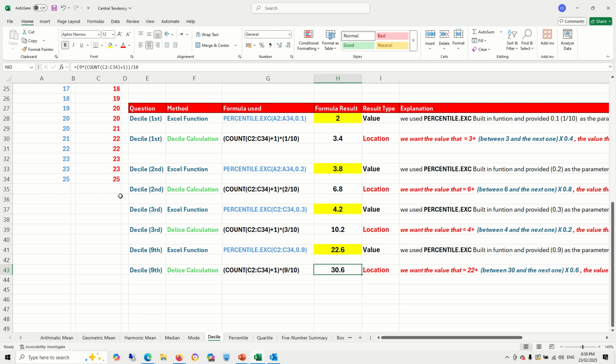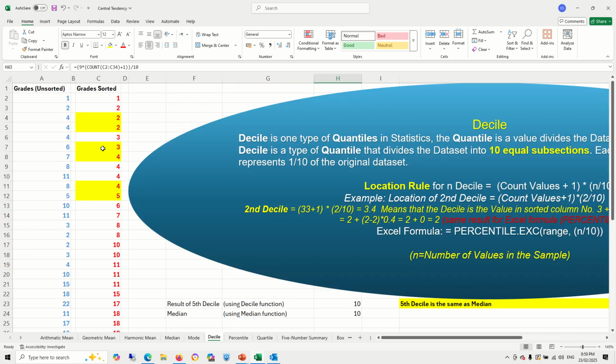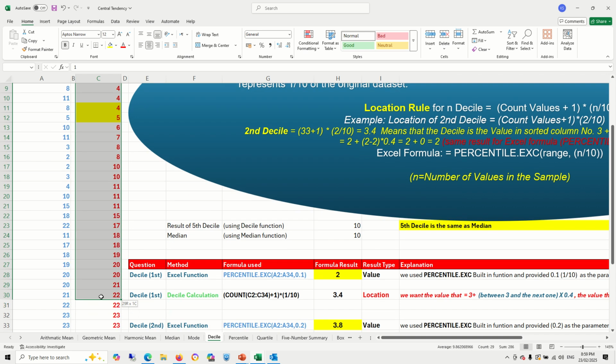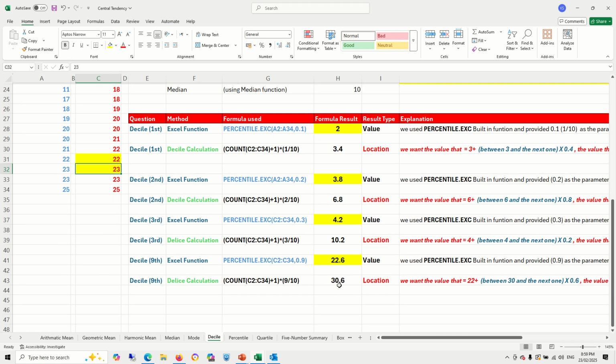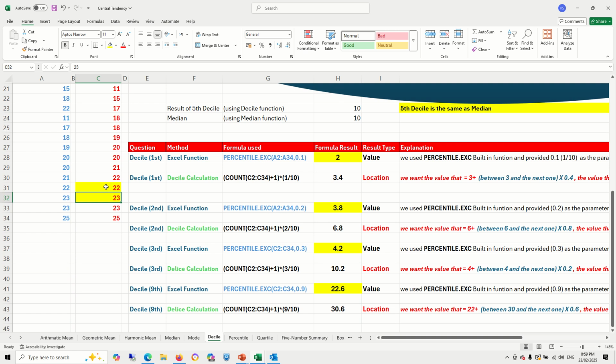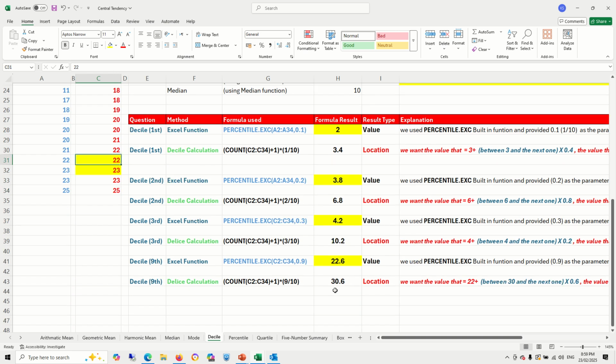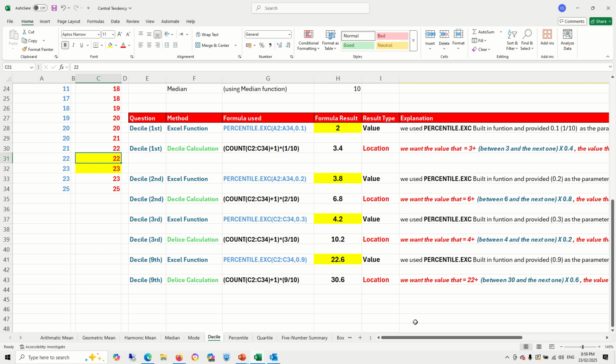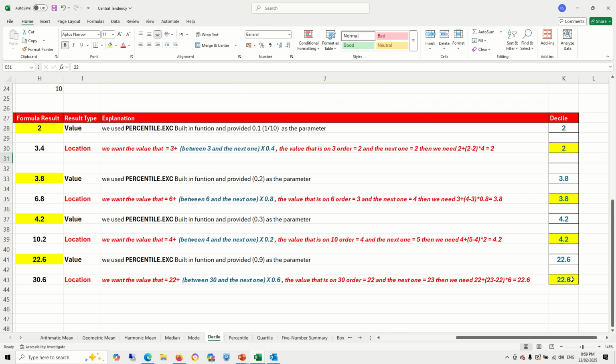If you go to the location, the 30th one, let us count 30. Okay, this is exactly number 30. And this is the next one. So 30.6 means that 22 plus 23 minus 22 multiplied by 0.6, so it will equal exactly 22.6.